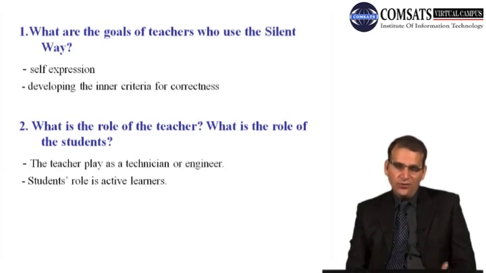If you refer to Noam Chomsky, whom we discussed earlier, he says that grammar is the native speaker's knowledge of the language. So the goal of the Silent Way is to develop the inner criteria for correctness. Students think and have a criterion in their minds for correction. What is the goal, students? Self-expression, and to develop the inner criteria for correctness.